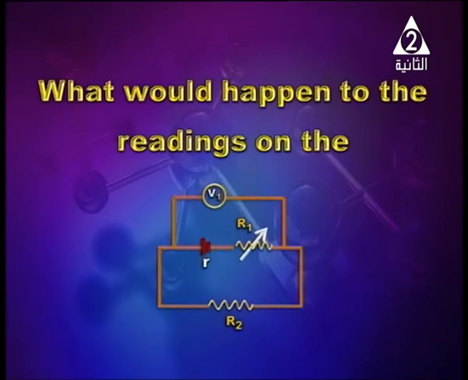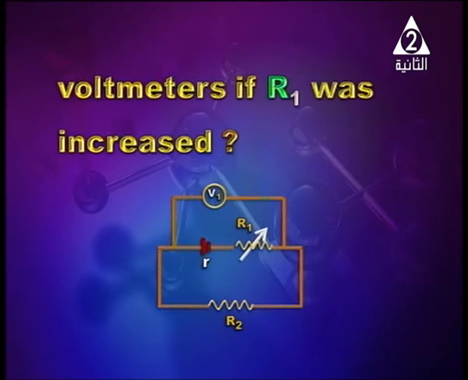Another question: what would happen to the reading on the voltmeter when R1 was increased? Your attention please, we need to know exactly what this voltmeter reads. It reads the voltage across R2, which is given by the relation IR2. R2 is constant, so it depends on the current.